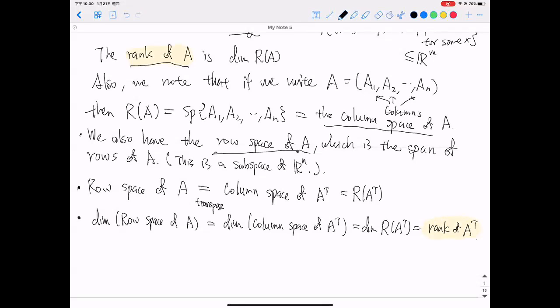So the first theorem that I want to state is that the dimension of row space of A is equal to the dimension of column space of A. Okay, so this is the statement of our theorem.